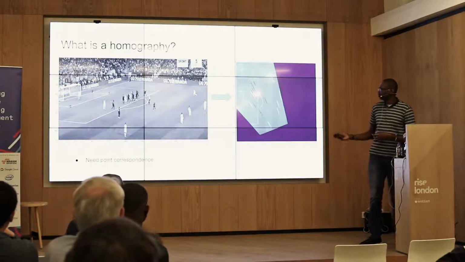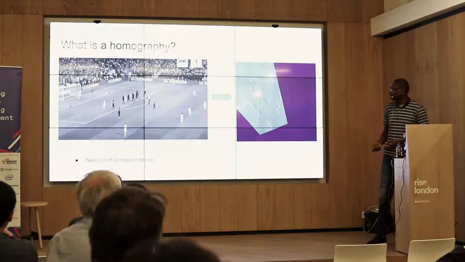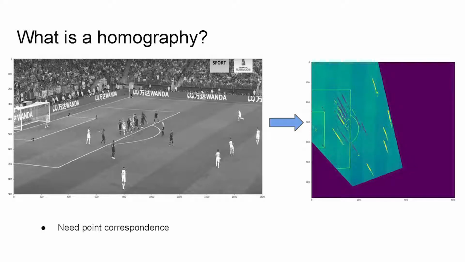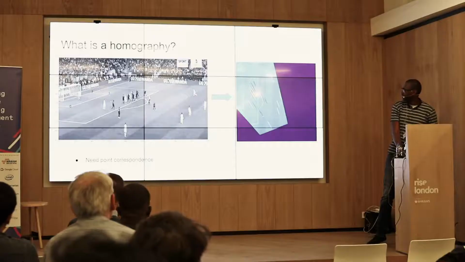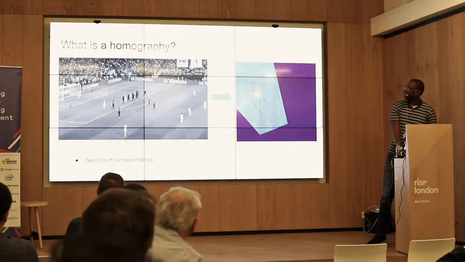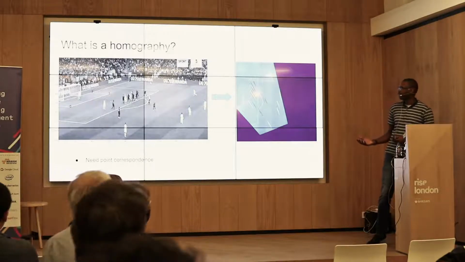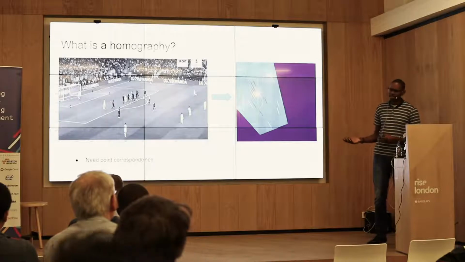So how do you calculate homography? Homography is actually a matrix, and essentially what you need is 4 points in one perspective, which are then related to another perspective, i.e. the image and pitch coordinates. The points have to satisfy a condition: they cannot be collinear.